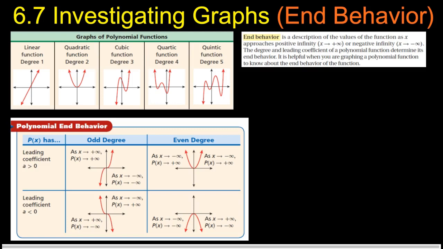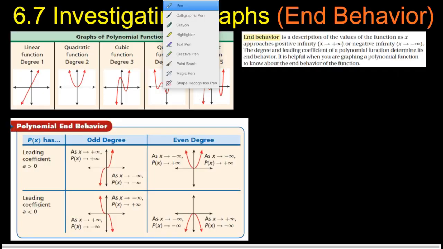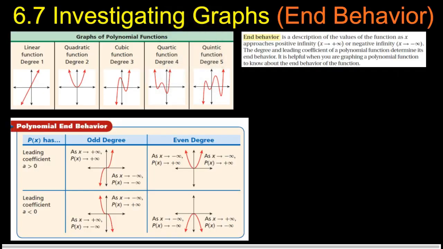That's what this little blurb right here means. All that means is what is happening to the graph as you are going to positive infinity. So as x is increasing, is it going up or is it going down? It's kind of what it's asking for there.